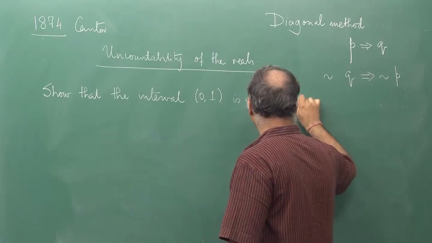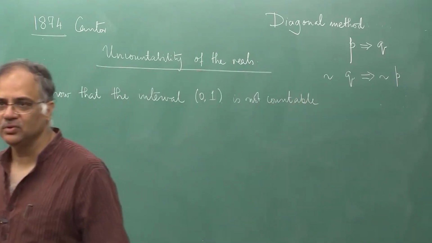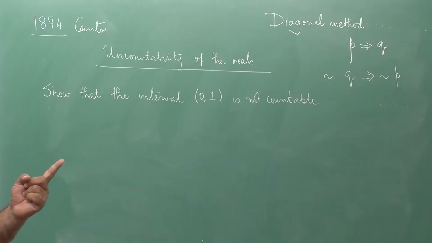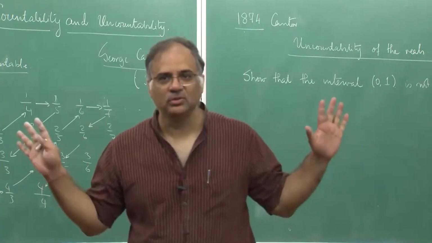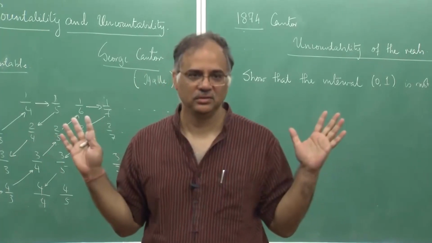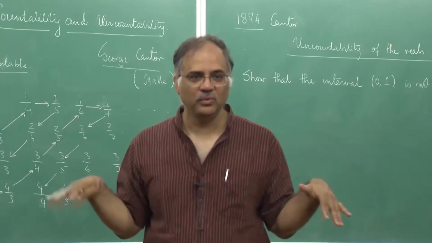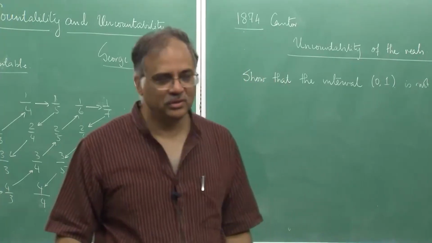Like many proofs in mathematics, one of the most important tricks of the mathematician is to prove by contradiction. That is, you tell that your statement is wrong. Whatever you want to prove is incorrect. So you start with the incorrect hypothesis and then show that there is some contradiction.